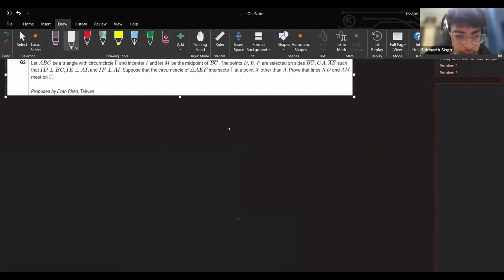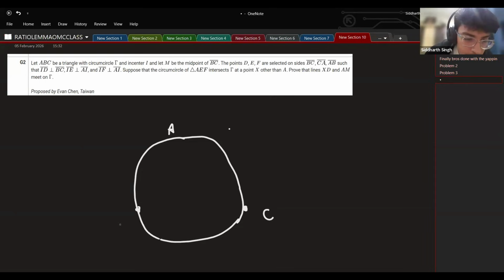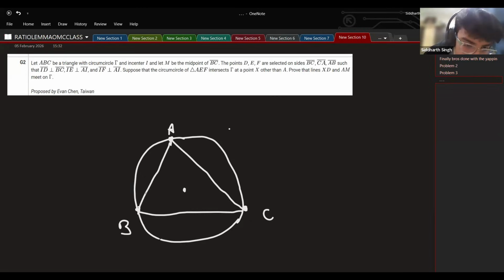So yeah, let me just draw the diagram. This is relatively easier to draw. This is A, this is B, this is C, this is I. This is the line through I perpendicular to this.